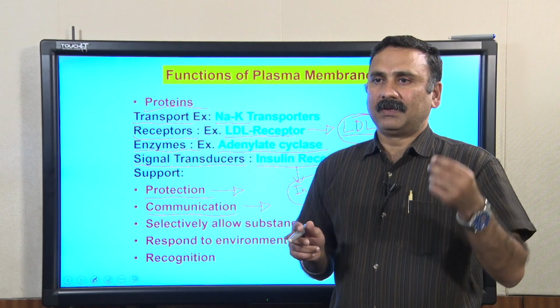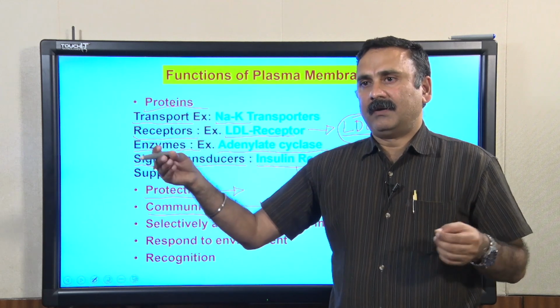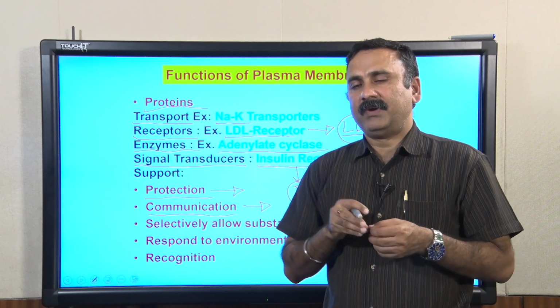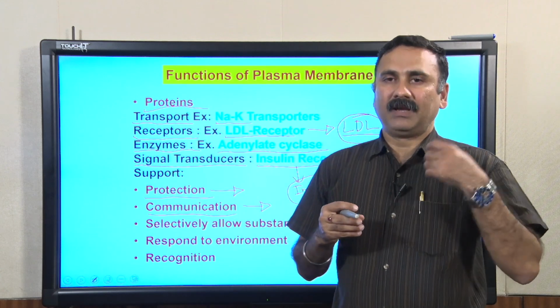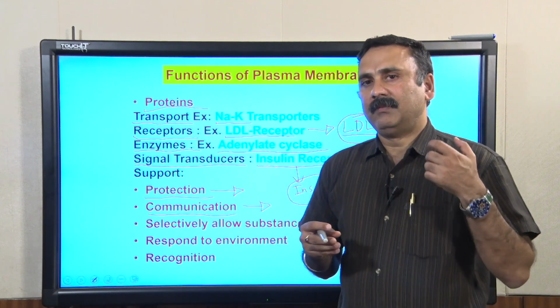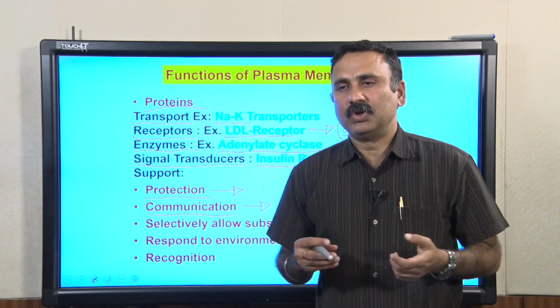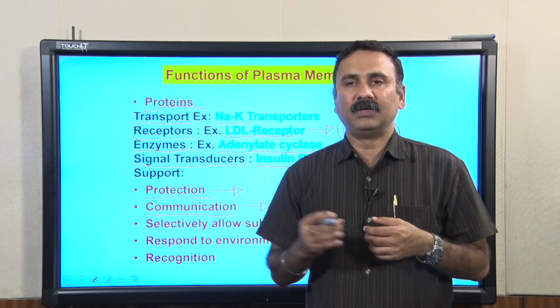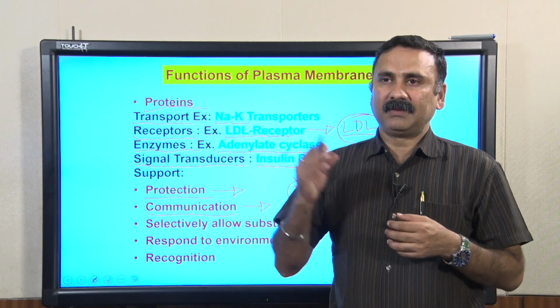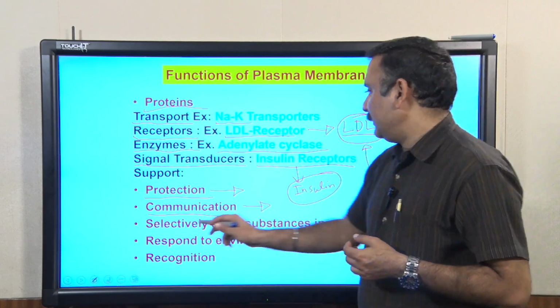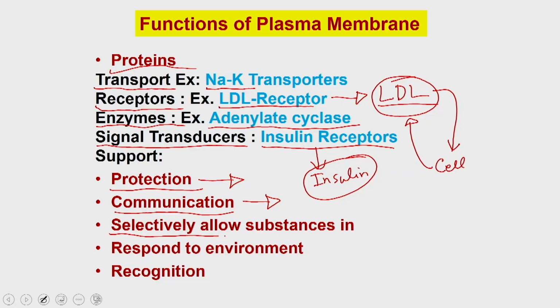In some cases, the cell is directly coming in contact with the other cell and relaying the signal. In other cases, the plasma membrane is secreting molecules which go to the other cell and give the signal.